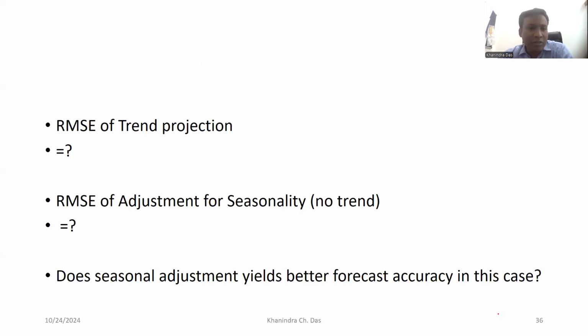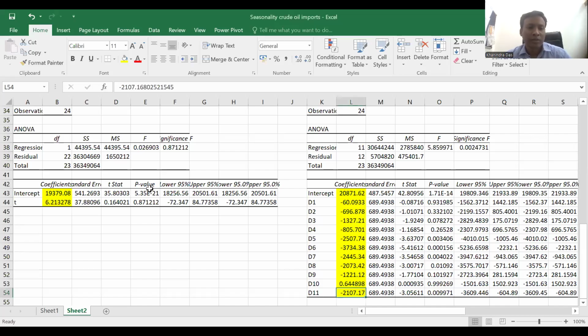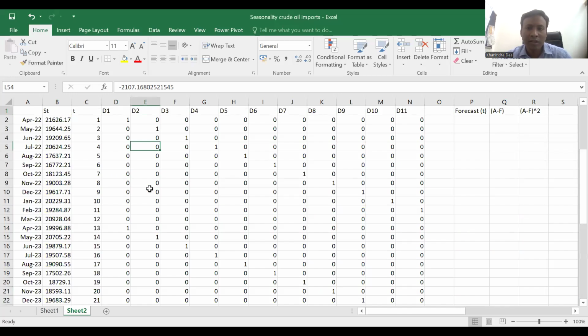So using these, let's see whether we have better forecast accuracy with seasonal adjustment or not. We'll do this in the Excel. So the highlighted coefficients will help us forecast.